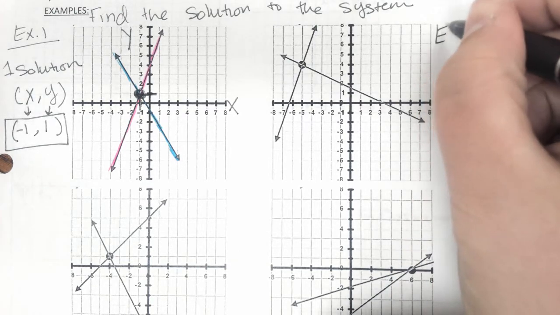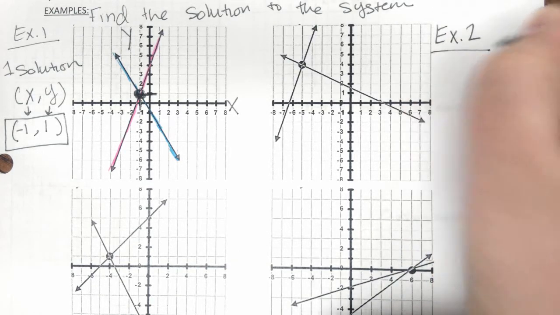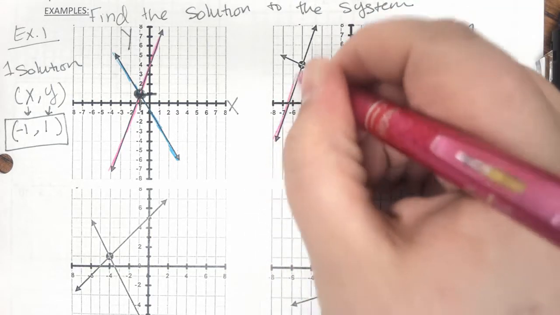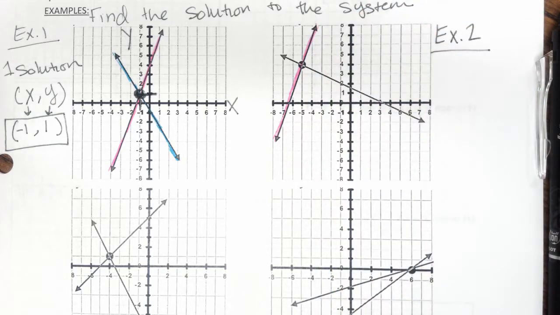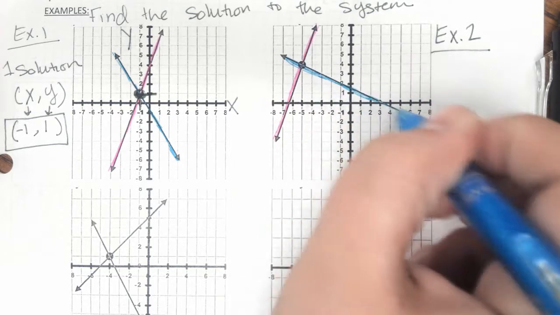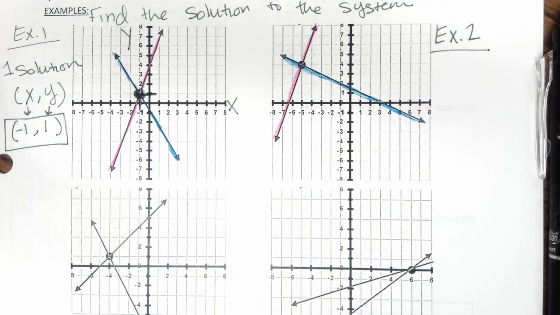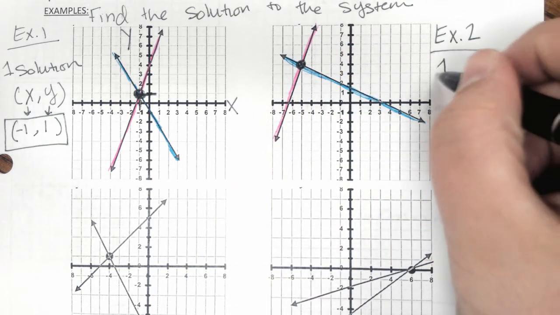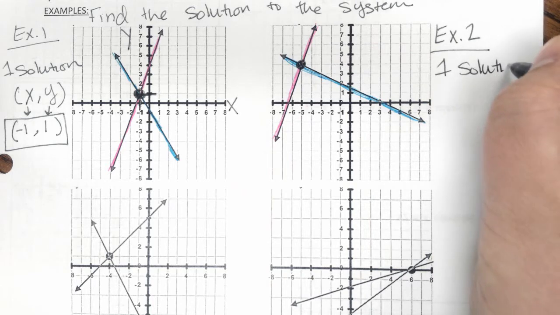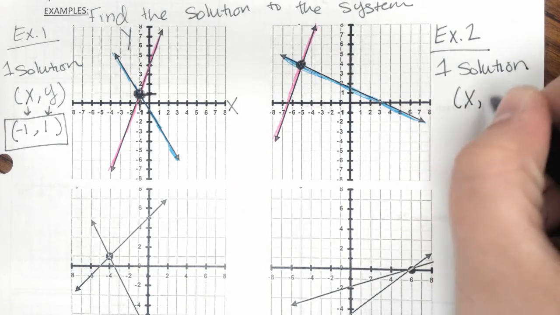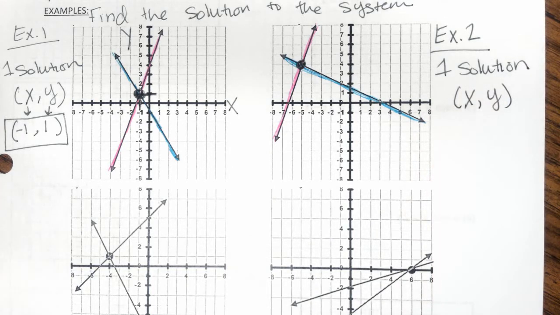Let's call this example number 2. I'll have this be my pink line, and I'll make the other one my blue line. The pink line and the blue line share one point right here. They cross each other just once, which means there's only one solution. And now I need to write the ordered pair of the solution, so (x, y).